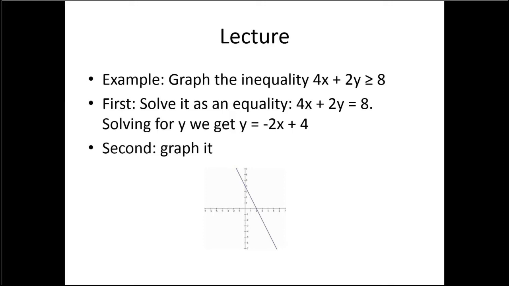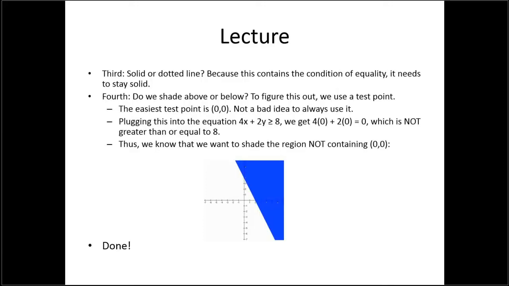Okay, so that's kind of the first step. The next step, because it contains equality, you want to have a solid line, and then we want to figure out, is our solution region, the place where 4x plus 2y is indeed greater than or equal to 8, going to be to the right or to the left of our line?